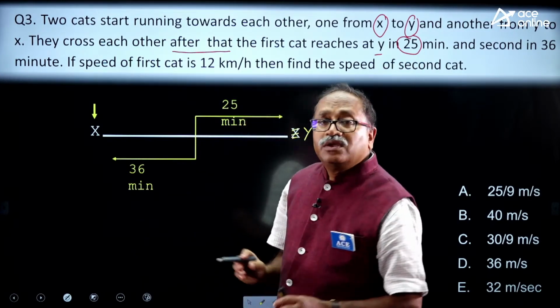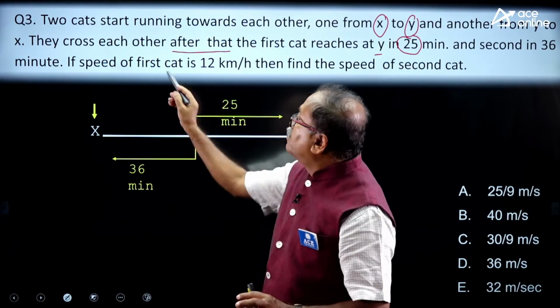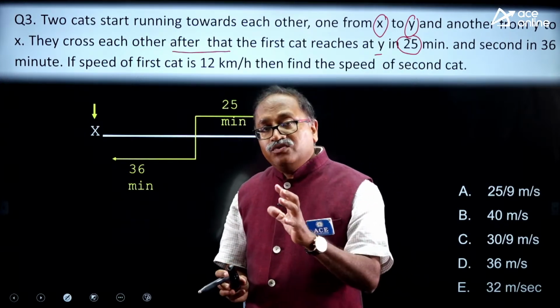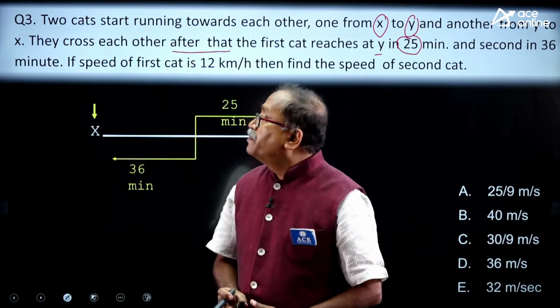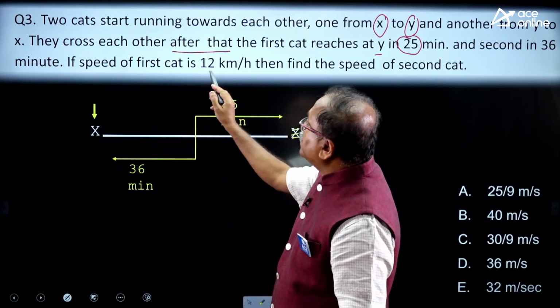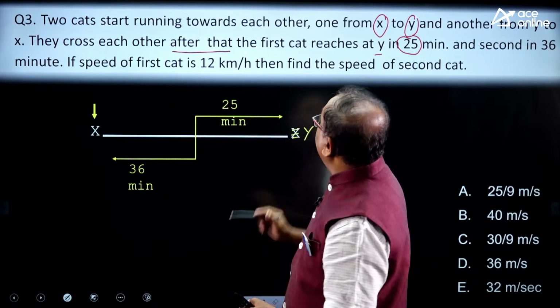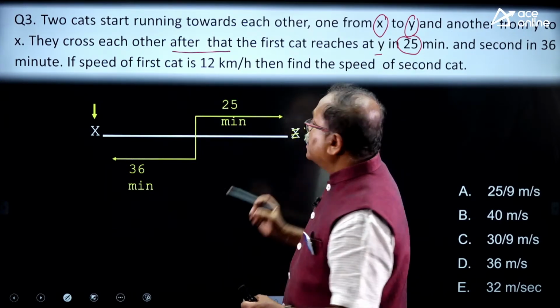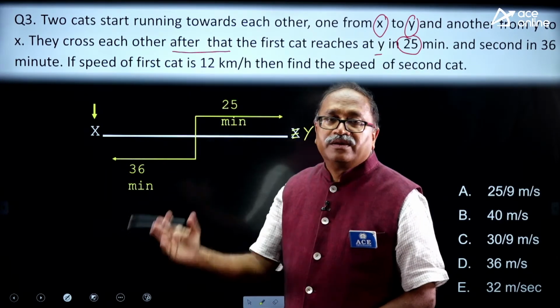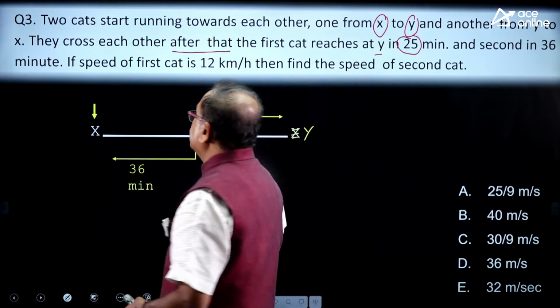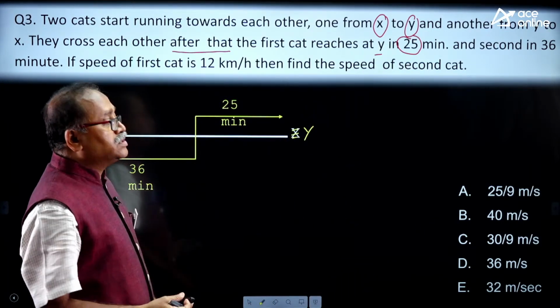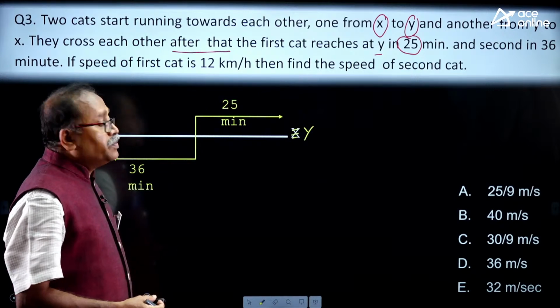Usually in this type of question, one speed is given and you are asked to find the other speed. Here, if the speed of the first cat is 12 km per hour, then find the speed of the second cat.